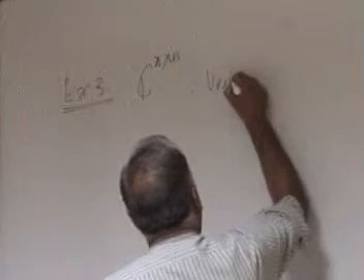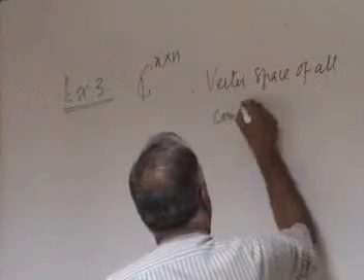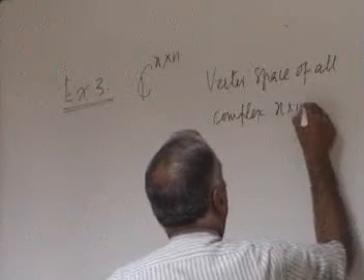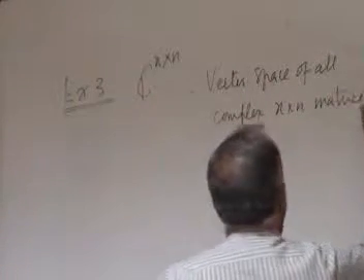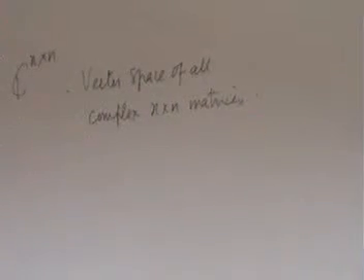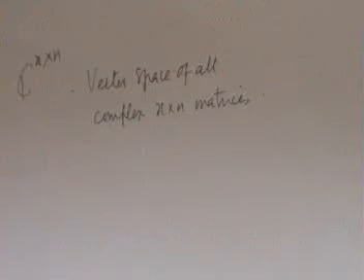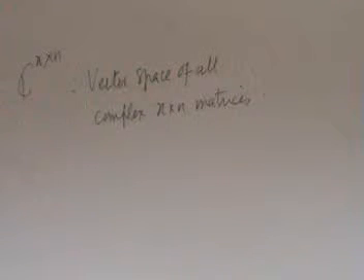This is the vector space of all complex n by n matrices for a fixed n. How do you add two such matrices? Entry wise. How do you multiply a matrix by a number? Entry wise. So that's the same thing as here. Here it was component wise, it is entry wise. It is cheating actually. It is again an n squared component vector. I am only writing it in a very peculiar way.